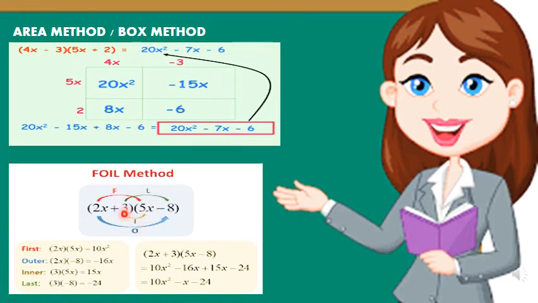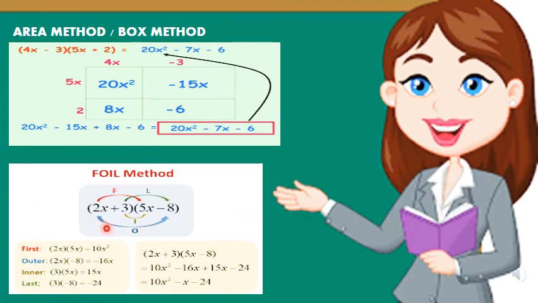Then which are the last terms in both the binomials? 3 is the last term in the first binomial and minus 8 is the last in the second binomial. So 3 and minus 8 will be written as L. You can see it is marked as L. And if you see these two binomials together, which are the outward facing terms? 2x is outwards and minus 8 is outwards, isn't it?